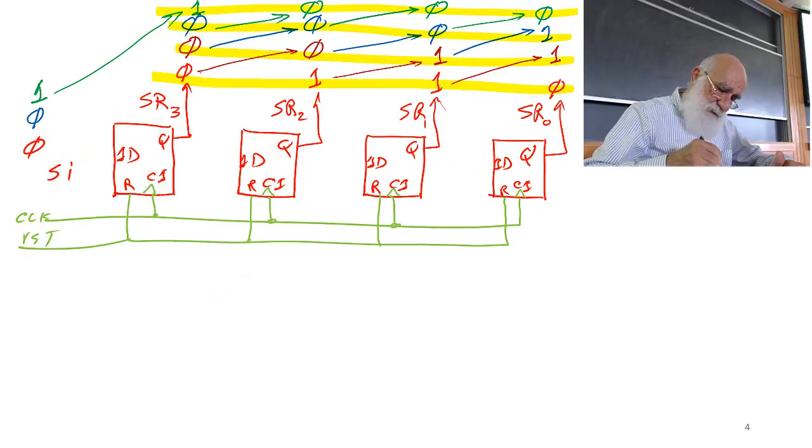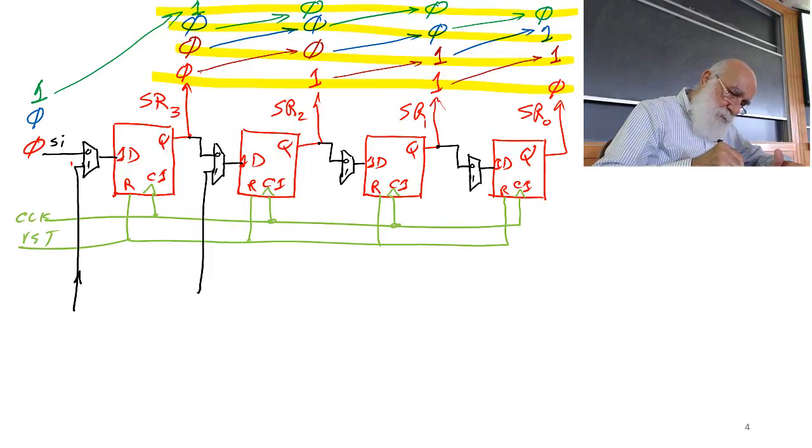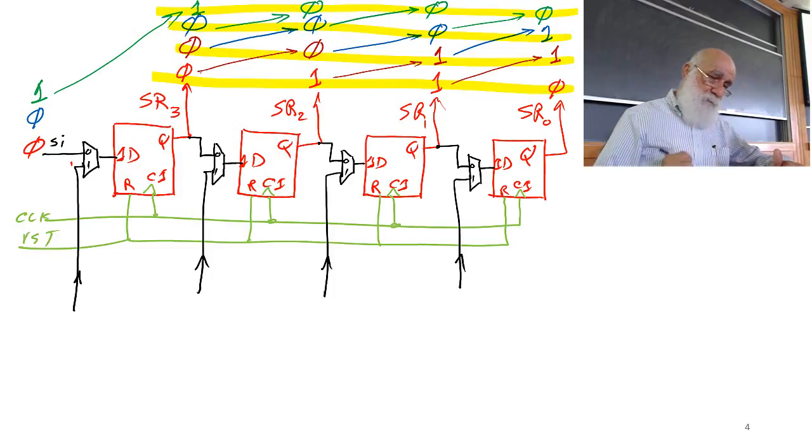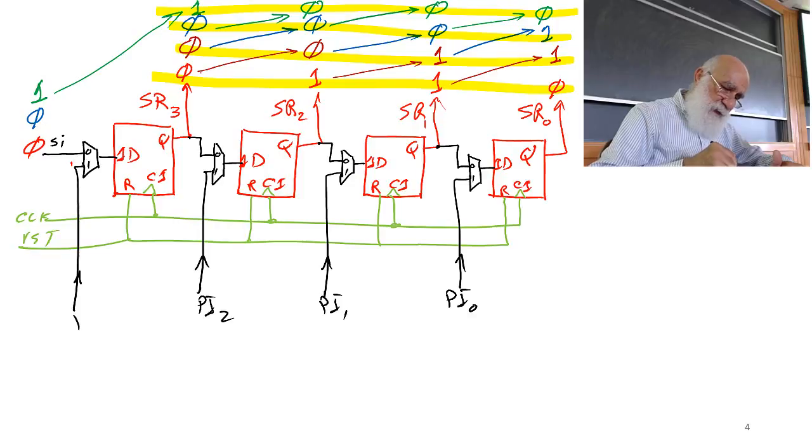I'm going to take some multiplexers. Okay, parallel input bit number 0, parallel input bit number 1, parallel input bit number 2, parallel input bit number 3. In addition, I will provide a control signal called a load signal.